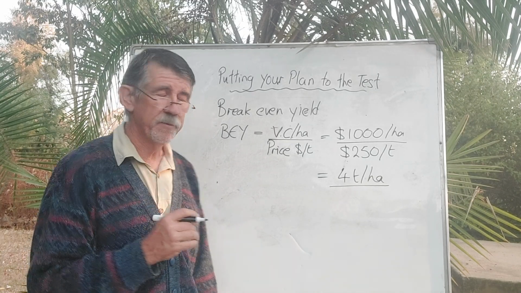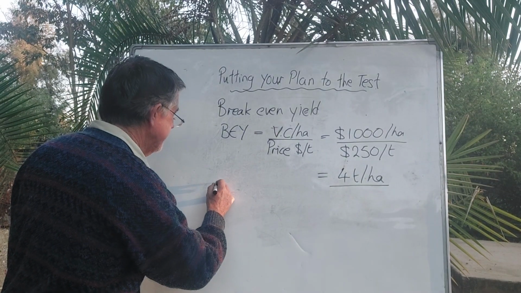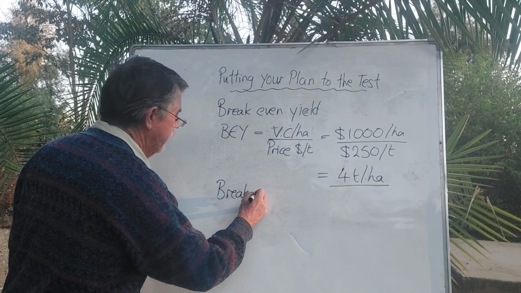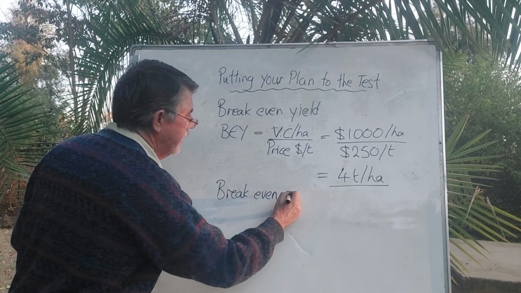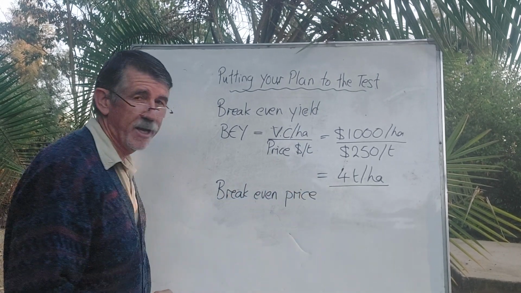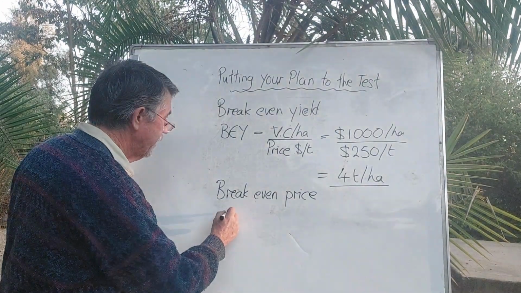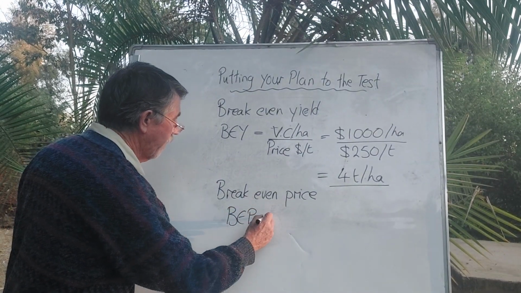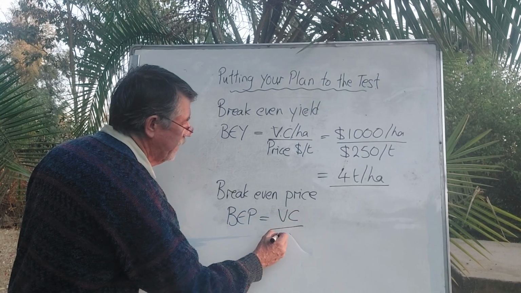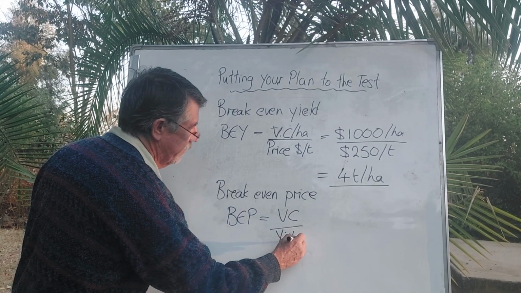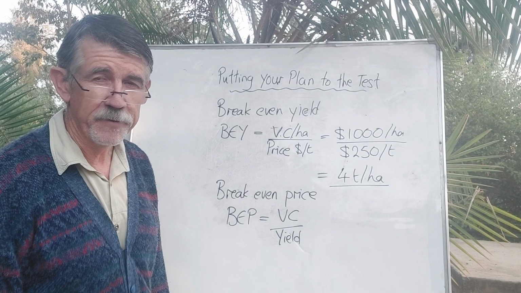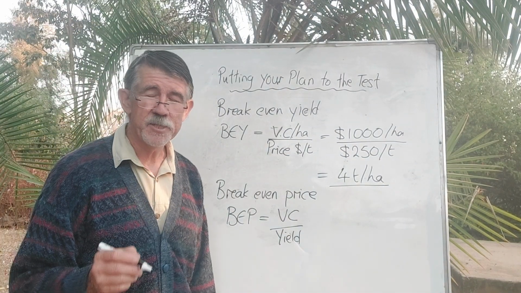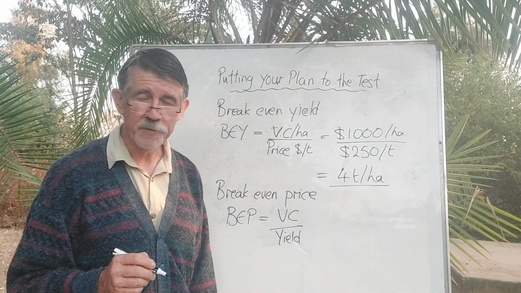The second break-even analysis is the break-even price, and this we calculate as the variable cost divided by the yield that we expect to achieve. Now remember, in our income model we specified the yield that we want to achieve.